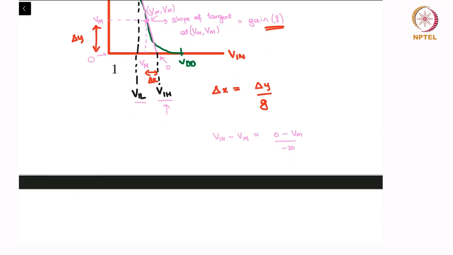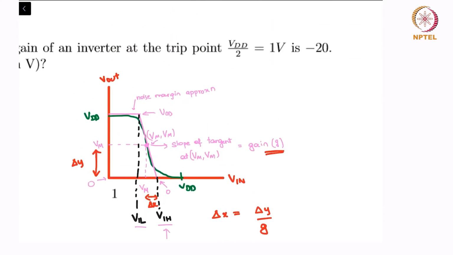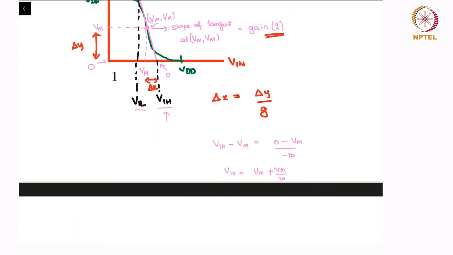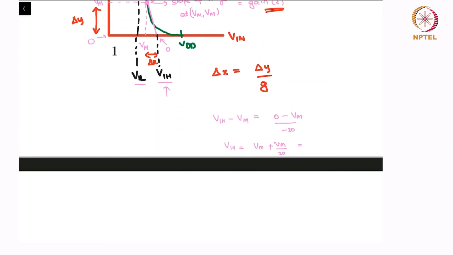Right? So therefore we get VIH is equal to VM plus VM by 20, and we know that the trip point VM is VDD by 2, which is 1 volt, which is simply 1 plus 1 by 20, that's 1.05.